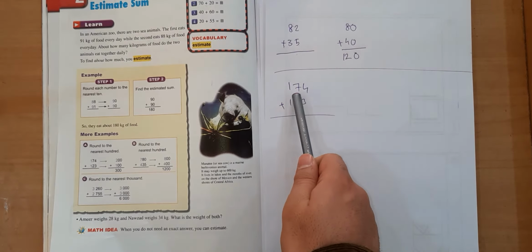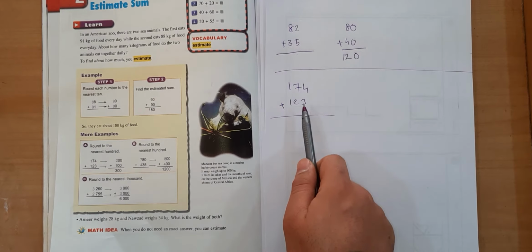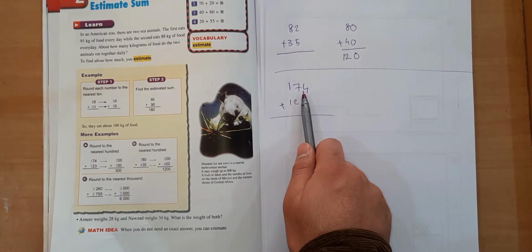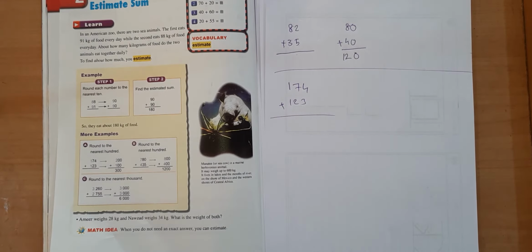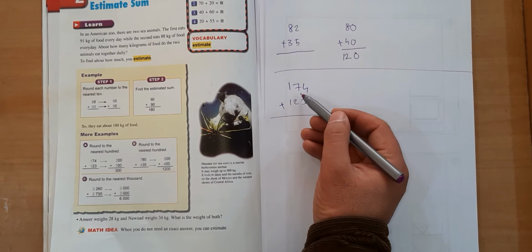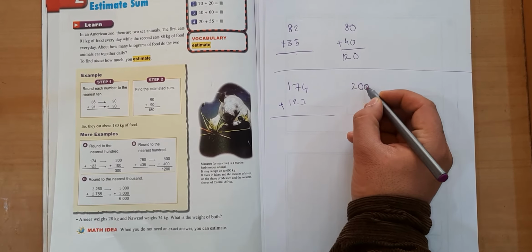So 174 is closer to 200 or 100? We're going to look at the digit that's in the 10s spot if we want to find the nearest 100. So it's 7, of course, it becomes 200.